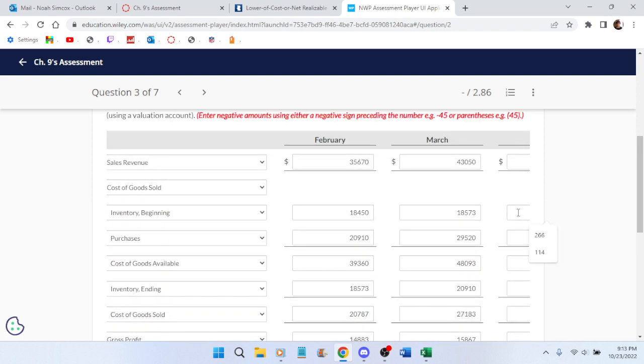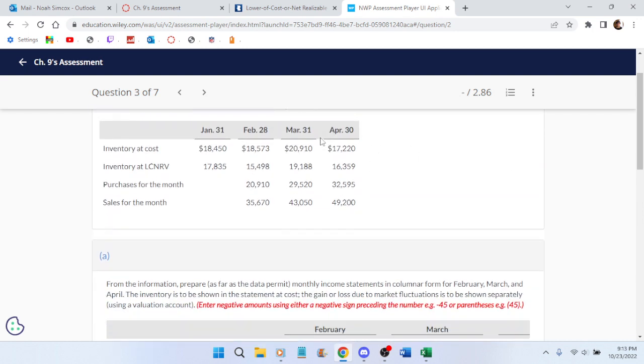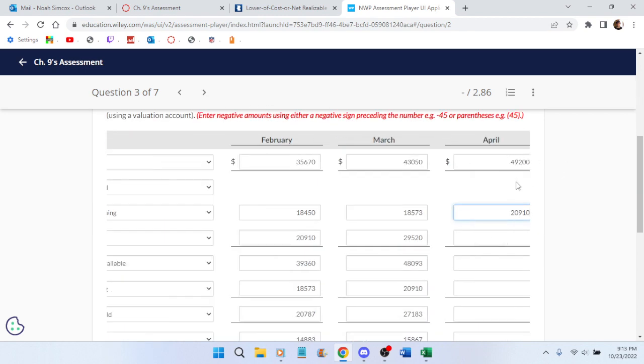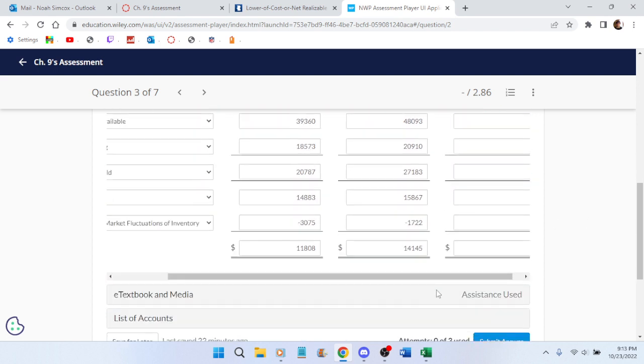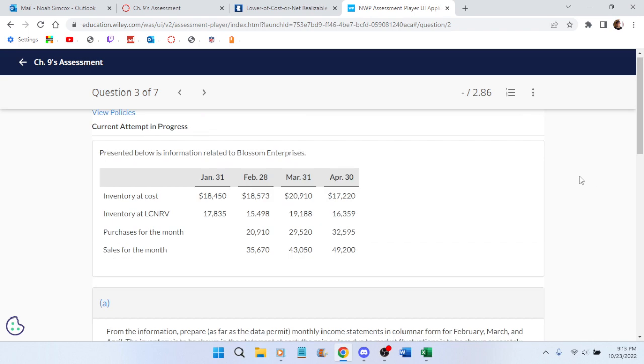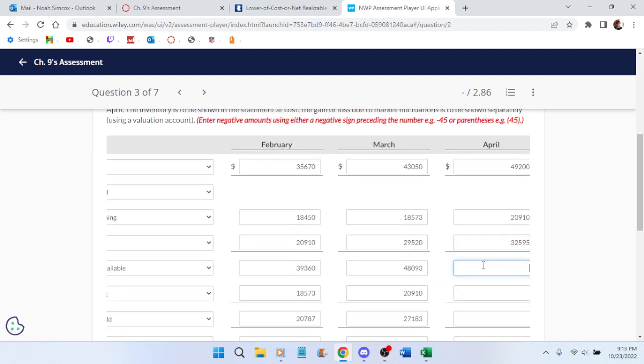So beginning inventory for April is 20,910. Oh, come on. Purchases is 32,595. So you add those.